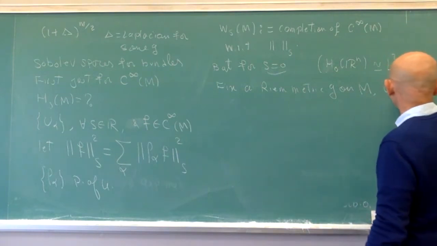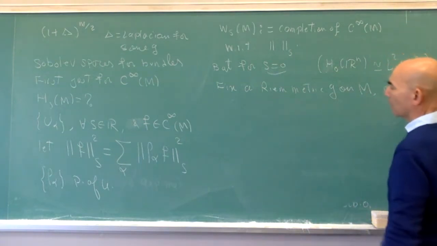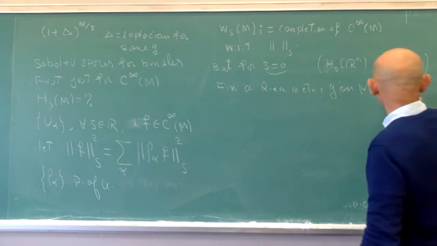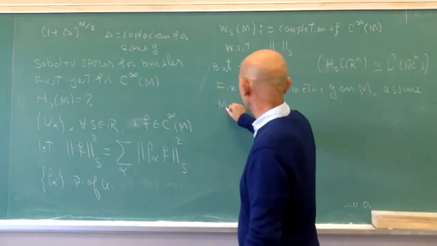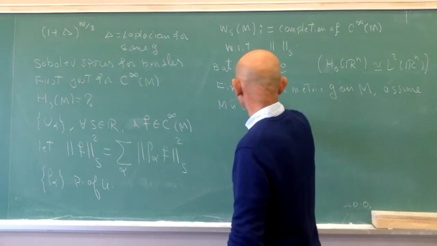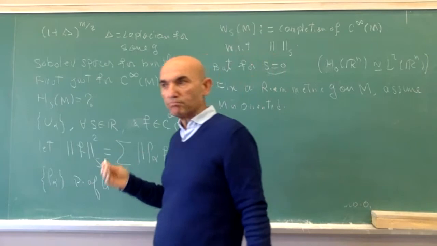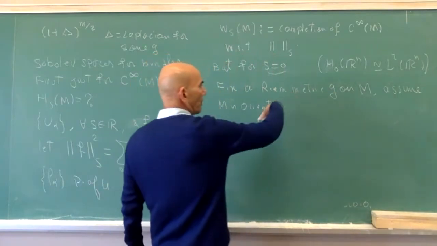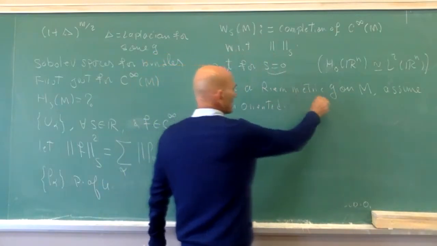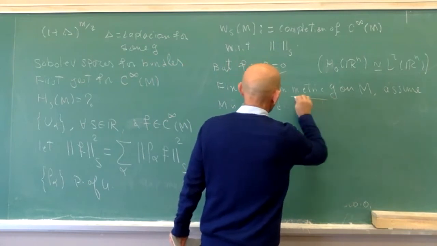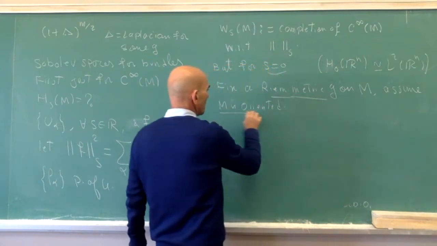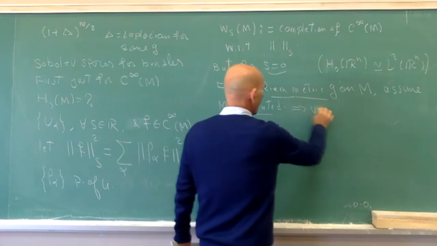You can get away without this hypothesis, but let's not worry about that. Then you have this volume form. So these two hypotheses, fixing the Riemannian metric and assuming M is oriented, give you this volume form.